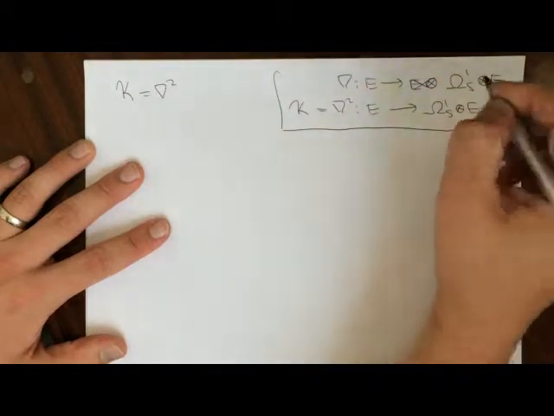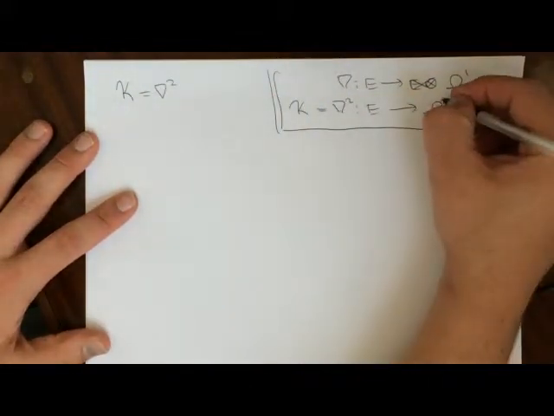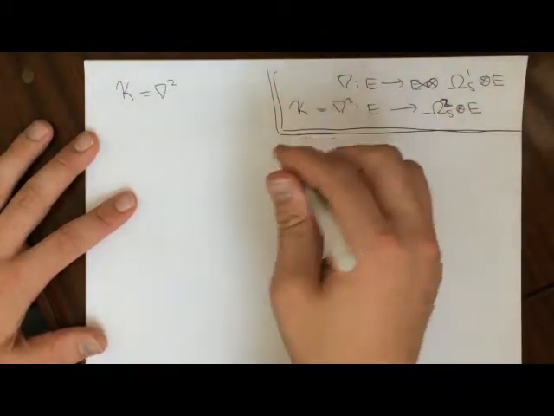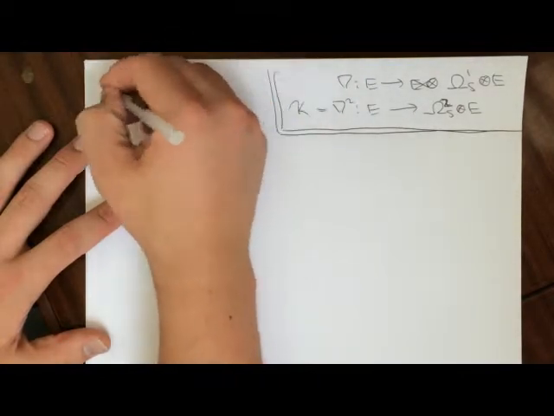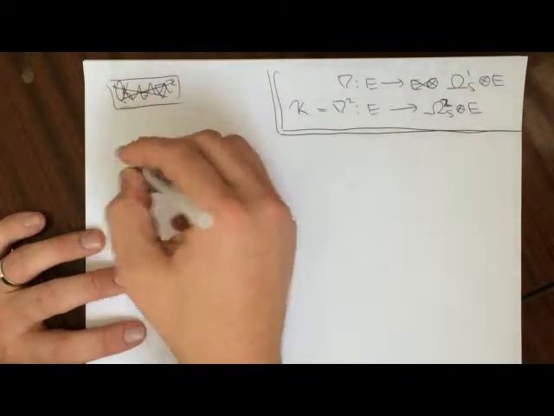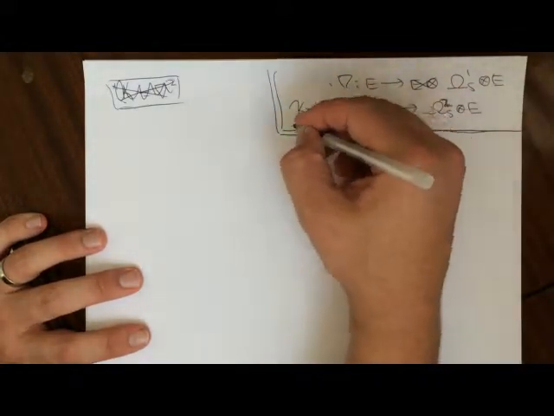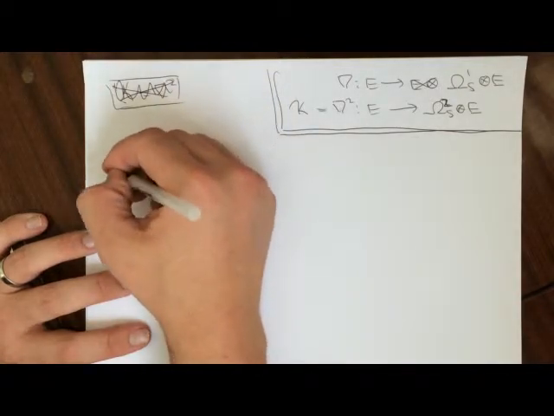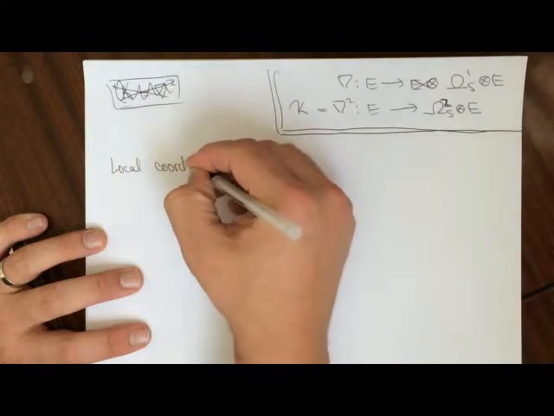This is for degree 2. So given this, what we call the de Rham curvature, in local coordinates, recall we have the connection 1 forms.